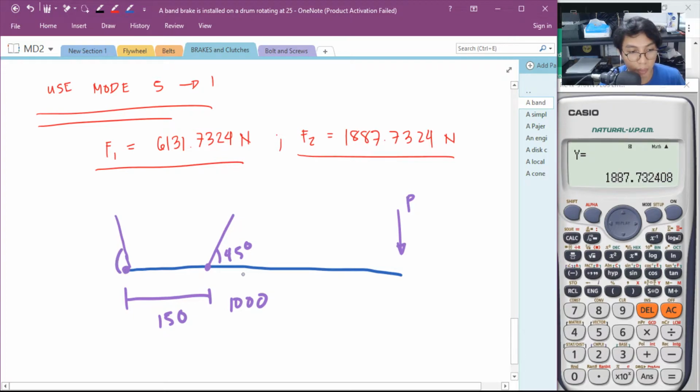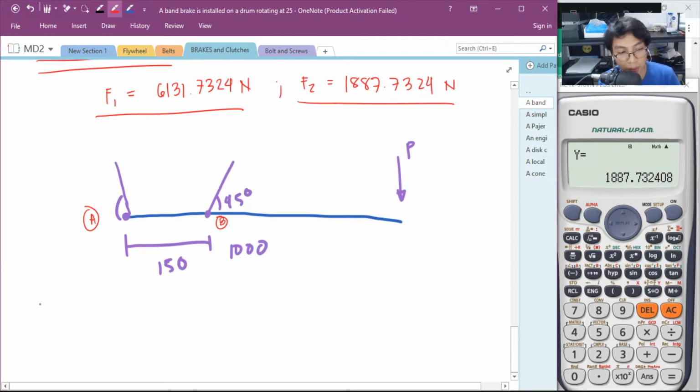Then dito rin. Ngayon, saan pong point dito magkakaroon tayo ng 0 kapag nag-moment tayo? Pagpalagay natin, this is point A. Okay? This is point B. This is point P. Now, what if we have a summation of moments at A equal to 0? Summation of moments at A.